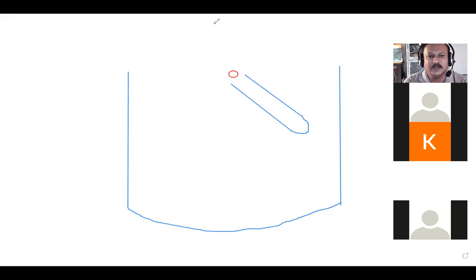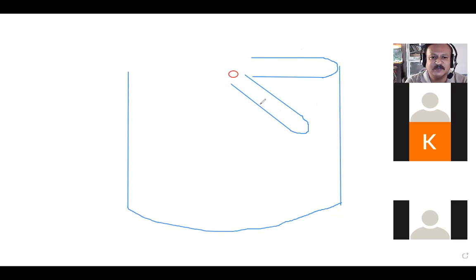And then I will draw another, very interesting situation, where the tube is at 90 degree inclination. Okay, and let us see what happens to the sample components.